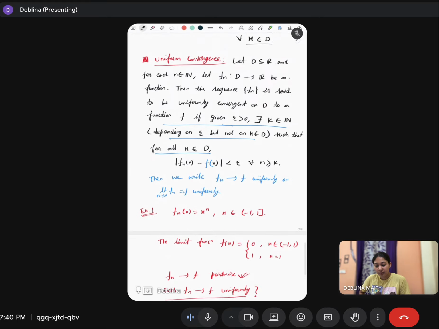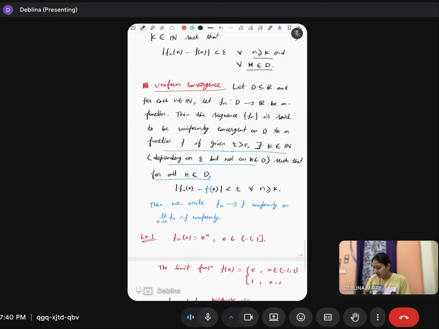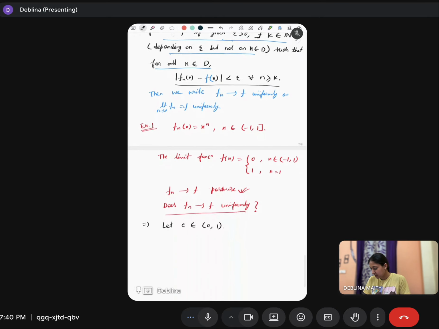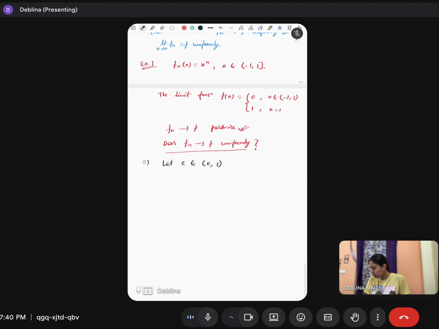For uniform convergence, we have to show that for a given epsilon, this occurs for all x belonging to D. In (0, 1) we have chosen this c, and then fn(c) minus f(c): since c belongs to (0, 1), f(c) is 0, so it is basically c to the power n minus 0, which is c to the power n.